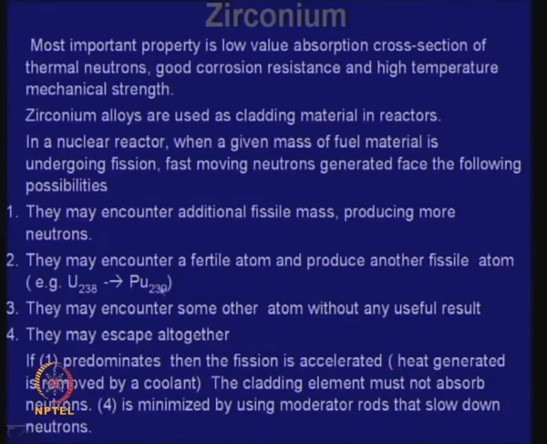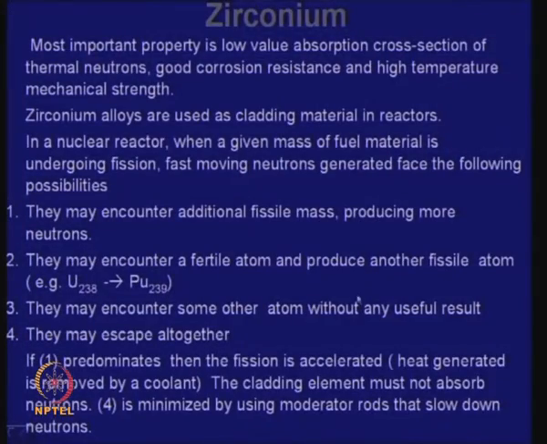First, they may encounter another additional fissile mass producing more neutrons. This is what we want for the fission reaction to be carried on. Whatever neutrons have been made available by fission reaction, we want them to encounter additional fissile mass and produce more neutrons, and this must go on.